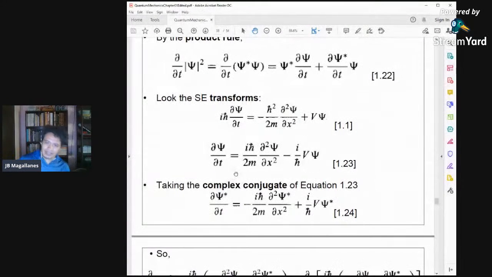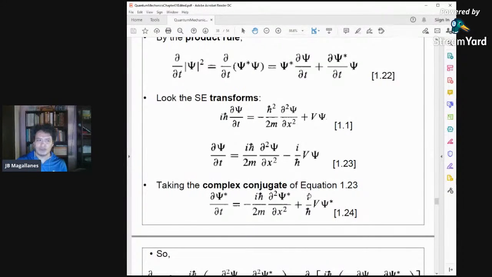And if you get the complex conjugate of this, you just change the i to negative i. The complex conjugate of this is equal to negative i h bar over 2m, partial of psi star, the conjugate of psi, with respect to x squared, plus the i here becomes negative i, so it becomes positive here.